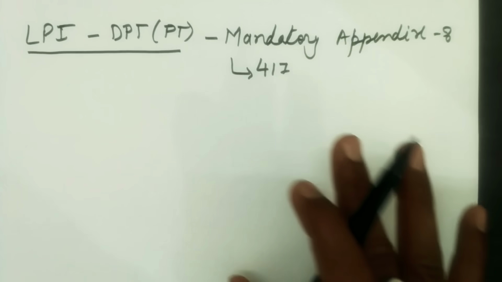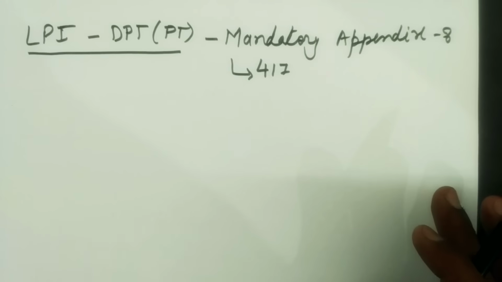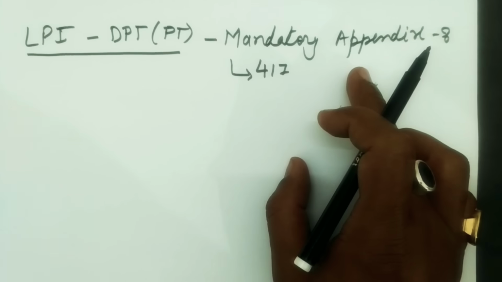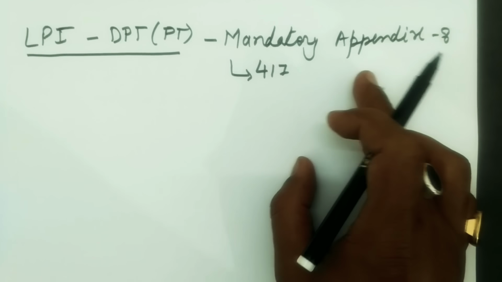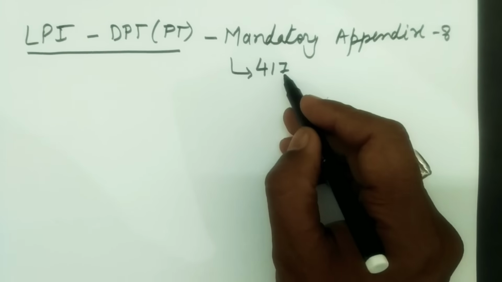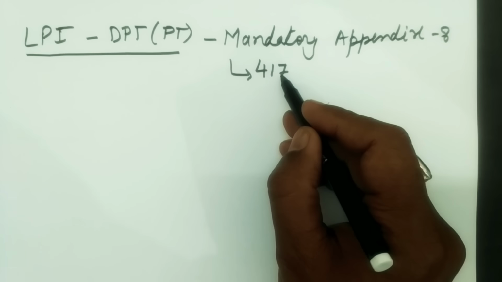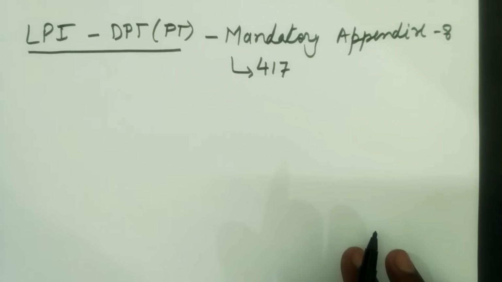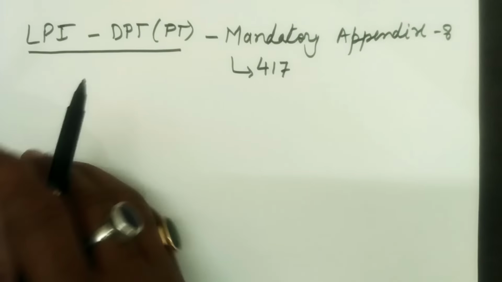So whenever you have to refer to the acceptance criteria for dye penetrant test, you need to refer to mandatory appendix 8, and that is given in page number 417. So this is for dye penetrant test.